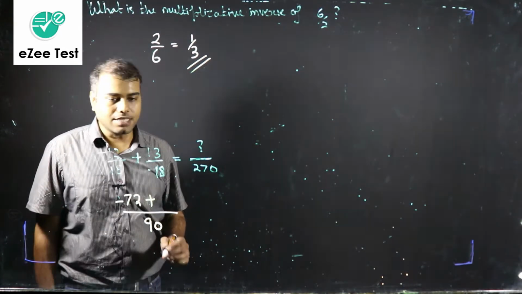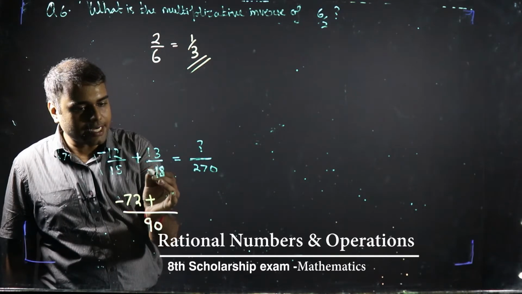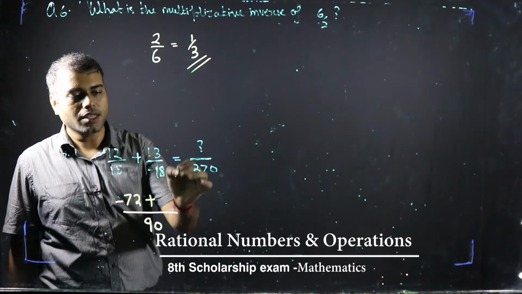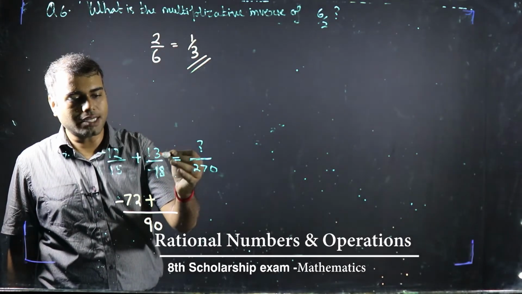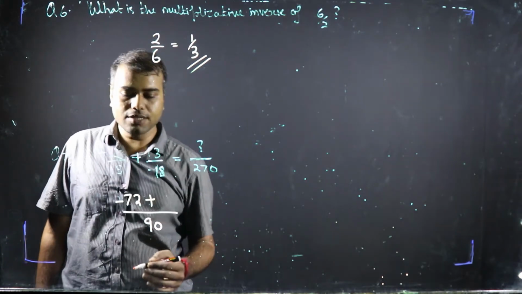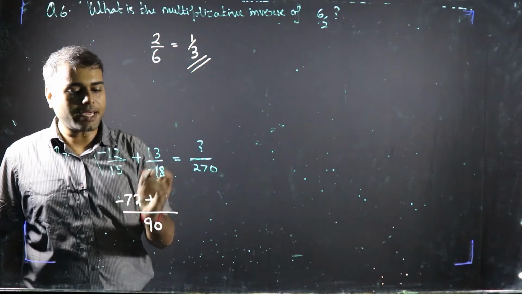Now please note that there is a negative sign in the denominator of this fraction. This fraction is written as 13 upon minus 18. So basically the equivalent form of this fraction is minus 13 by 18.